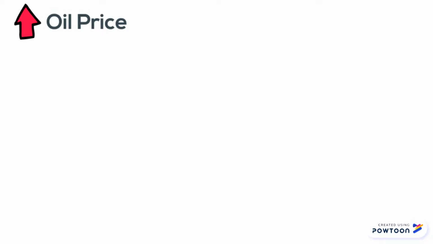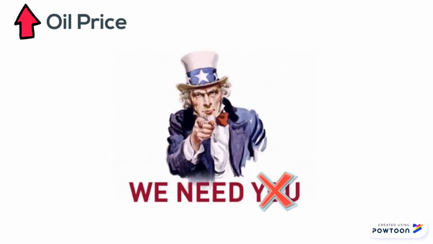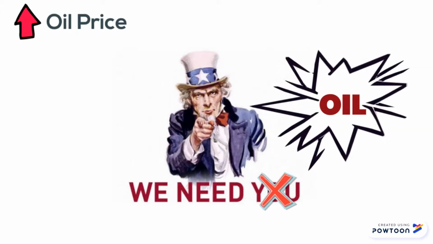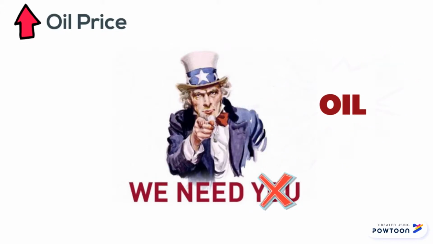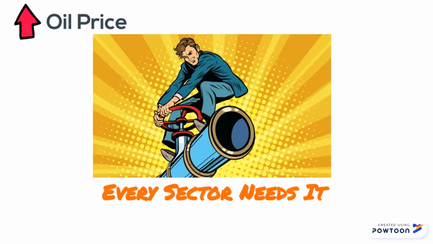Another point is that oil price will affect the production cost. Because oil is the fundamental raw material in our life, we use oil in production to make goods. And every sector necessarily uses it.